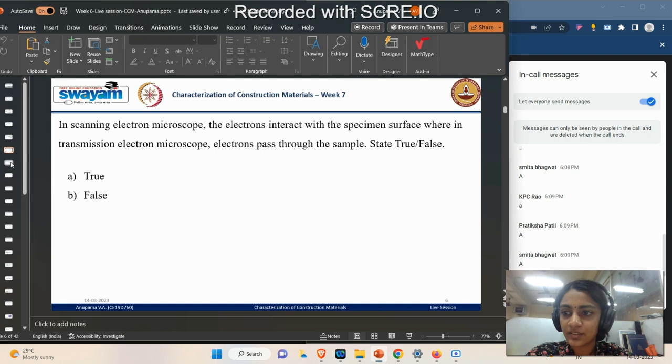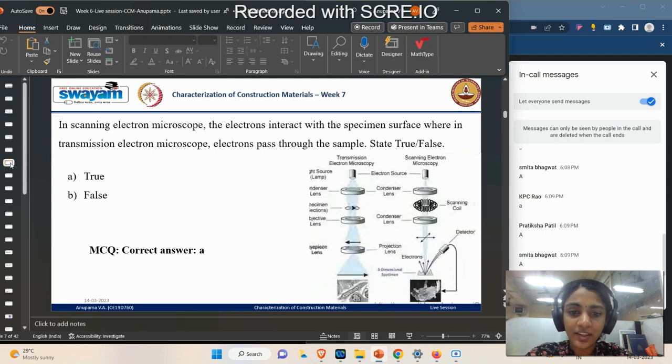Okay. So the correct answer is option A. That is a true statement. So in the case of scanning electron microscopy, they cannot pass through the substance or the sample. It just interacts with the surface, meaning it can either get scattered by hitting the sample, or you can hit the sample and make the electrons undergo transition between orbits.